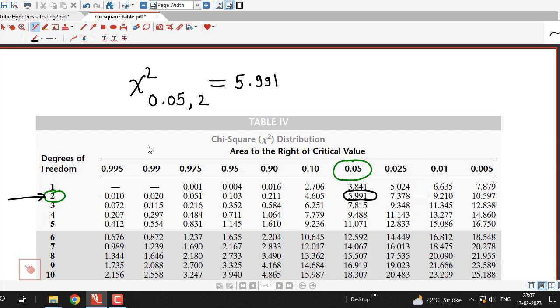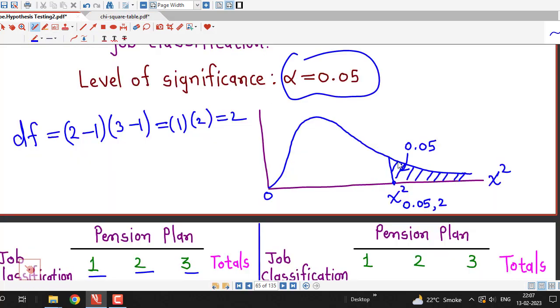Number of degrees of freedom are 2, alpha is 0.05. So this is our critical value, 5.991, and the area to the right side of this value is the rejection region.